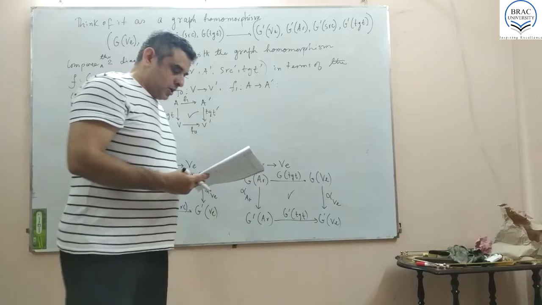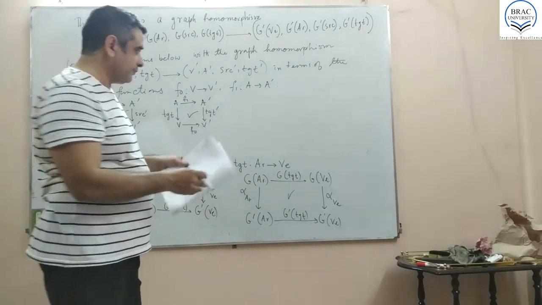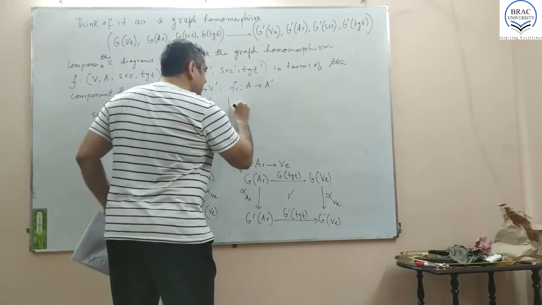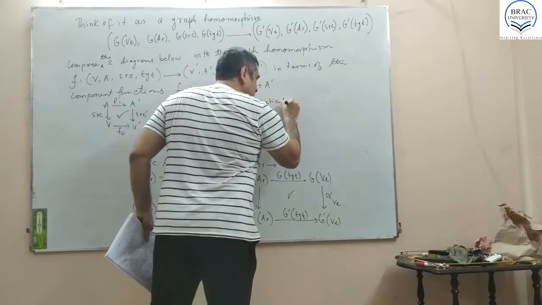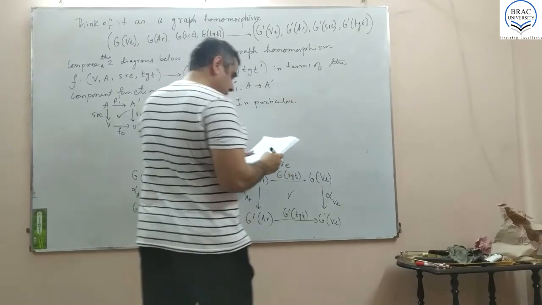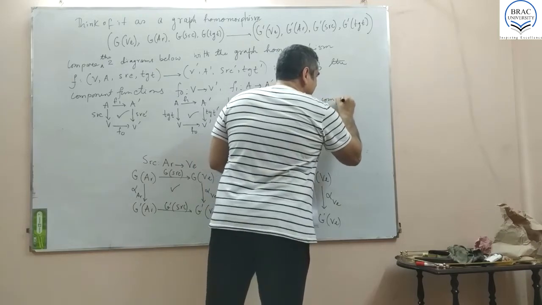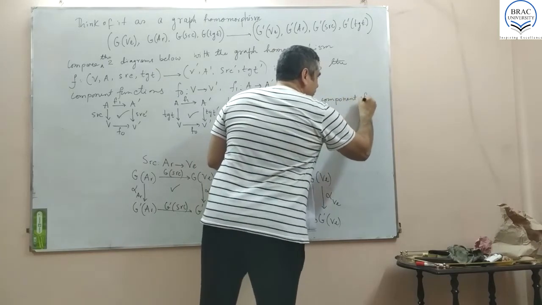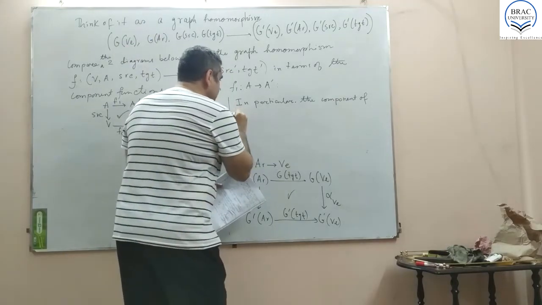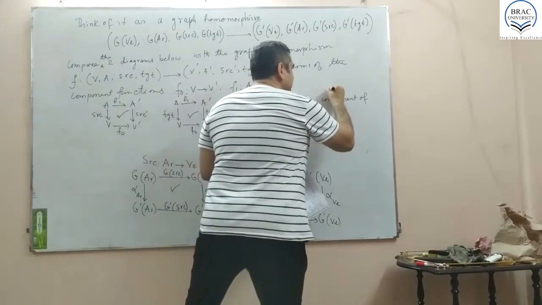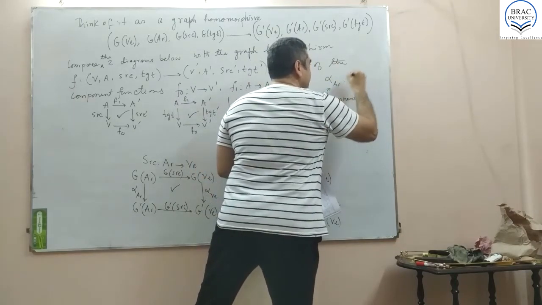Okay. So in particular, we have seen that the components of natural transformations, what are the components? Alpha AR and alpha VE, right?